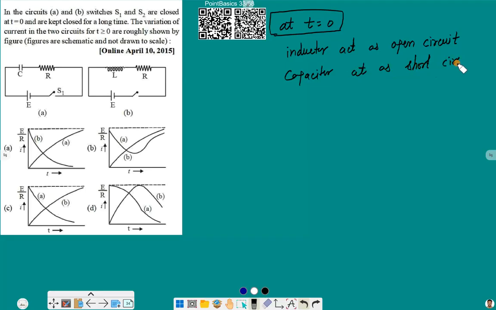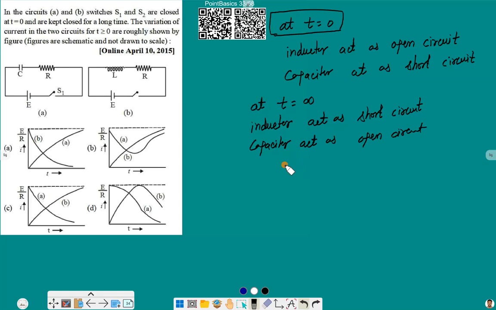The capacitor acts as a wire when we just press the switch. And at t equal to infinity, the reverse happens. The inductor is fully charged, so the inductor acts as a short circuit or a wire, and the capacitor acts as an open circuit.